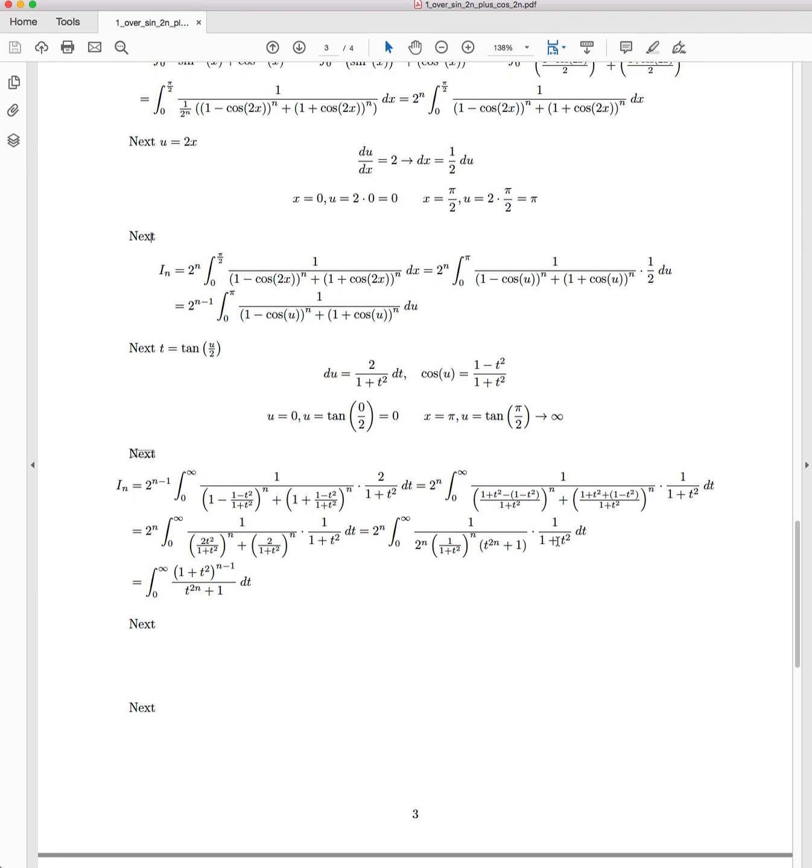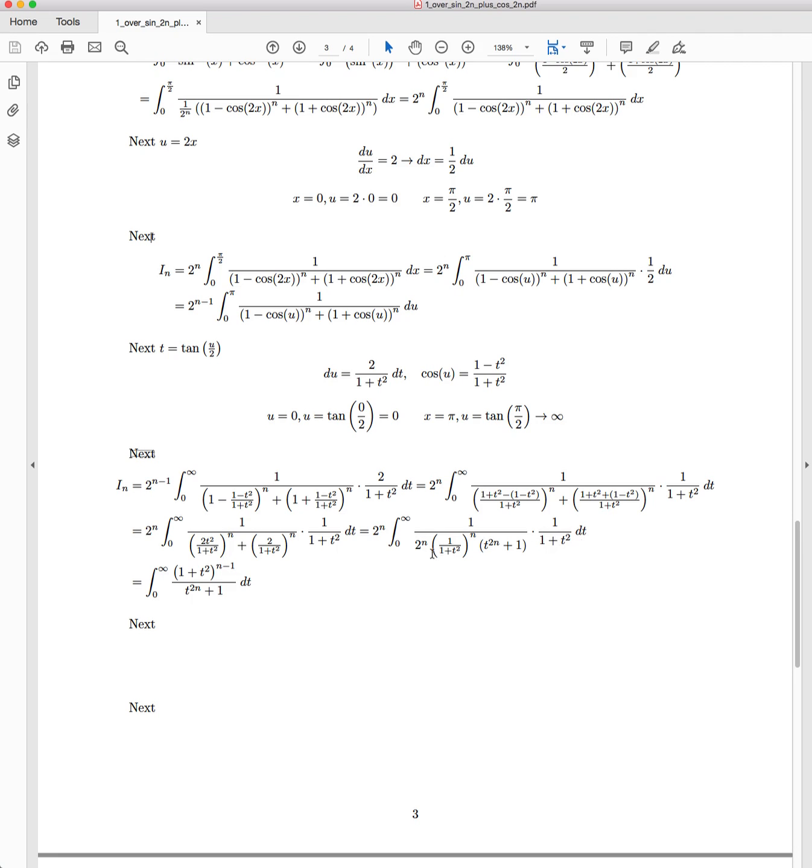So simplifying things down, we see here what we have with this 1 over 1 plus t squared to the power of n. Obviously, because we're dividing by a fraction, that's the same as multiplying by its inverse. So we would then have 1 plus t squared to the power of n on the numerator. But you'll see here we've got the minus 1. So that minus 1 comes from the fact that we've got a division of 1 plus t squared.